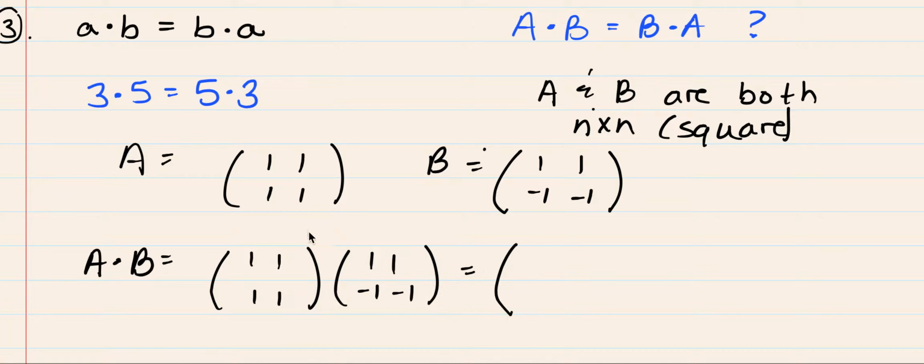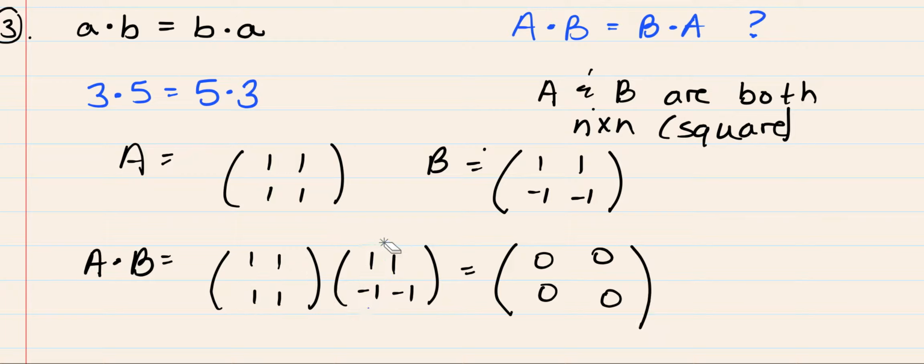Well, we get, for the first entry, 1 minus 1, that's 0. 1 times 1, that's also 0. Then the next one is this times this. 1 plus negative 1, this is 0. And then the last one is also 0.